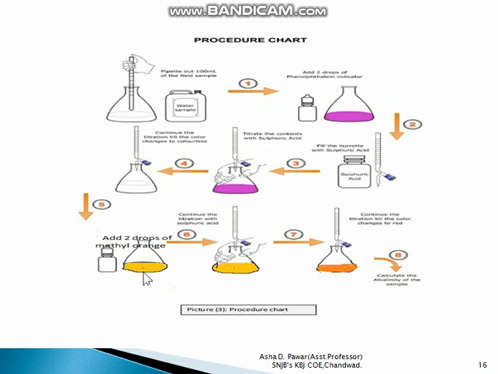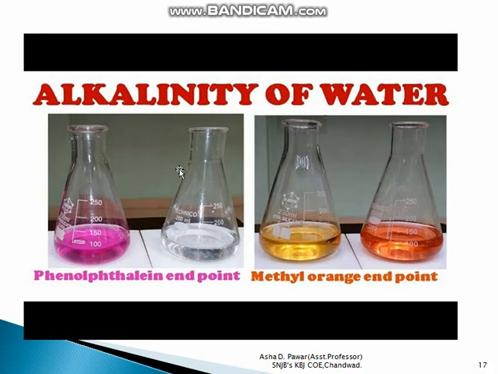In short, the methyl orange indicator indicates complete neutralization of bicarbonate into water and CO2, and up to this stage all three ions that may be present in water get neutralized into H2O and CO2.